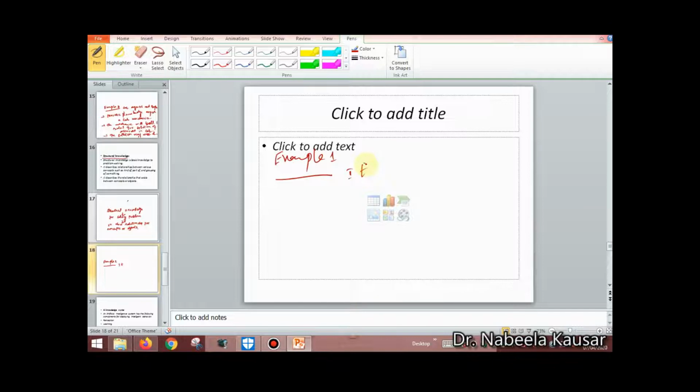If patient has temperature and running nose, then it is flu.